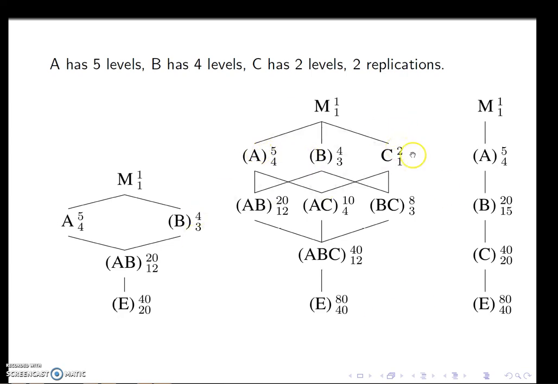Now, are they needed for the lower order effects? Well, let's start at the bottom. The random effect directly below our interaction term for ABC is error. There's only one. So we know that we can construct an F test using MSABC divided by MSE.